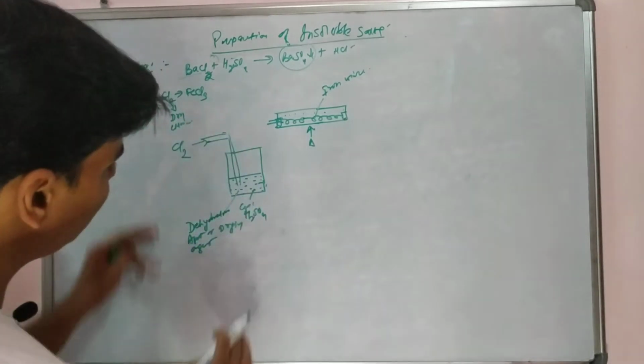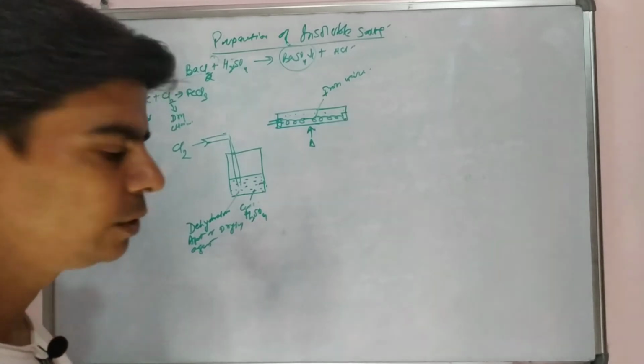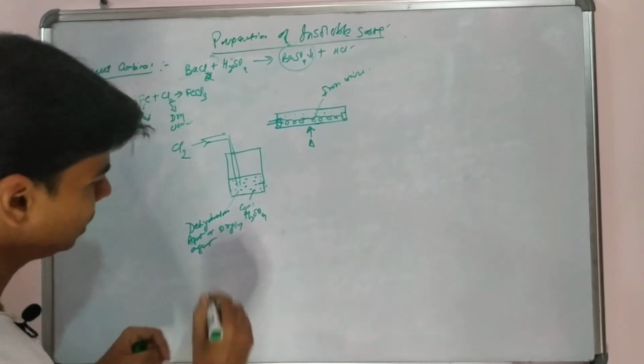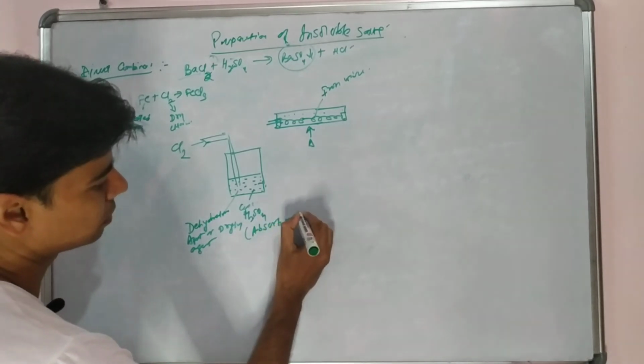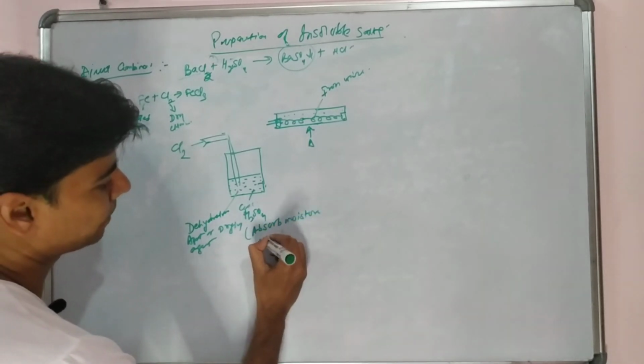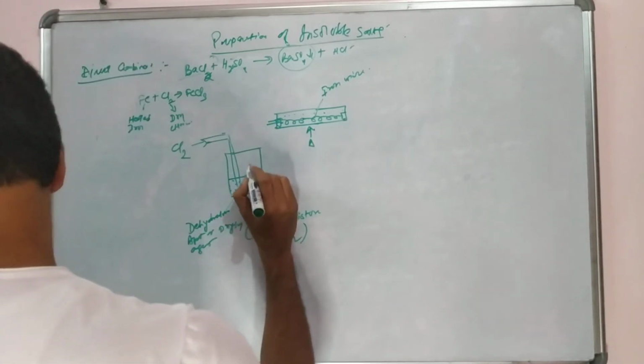So chlorine gas will pass through this concentrated sulfuric acid. This concentrated sulfuric acid will absorb moisture from chlorine gas, and it will further pass.